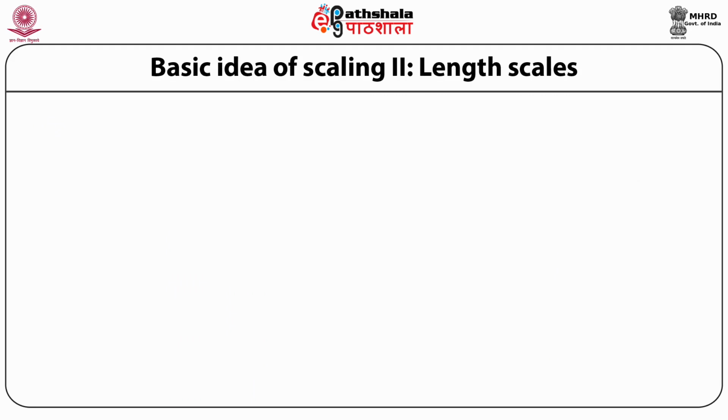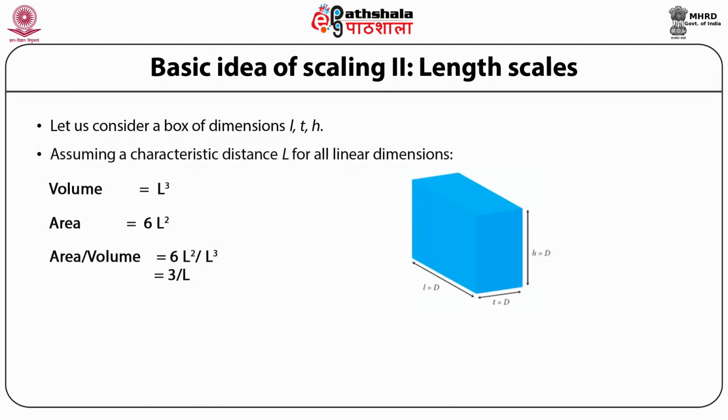So the next type of scaling is according to the length scale. Consider a system in which all 3 dimensions vary proportional to capital L. As shown in the figure, consider a box having dimensions of length, thickness and height, all equal to capital L, that is the characteristic length.